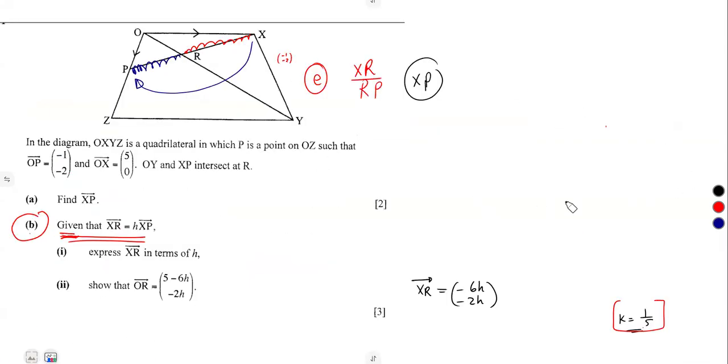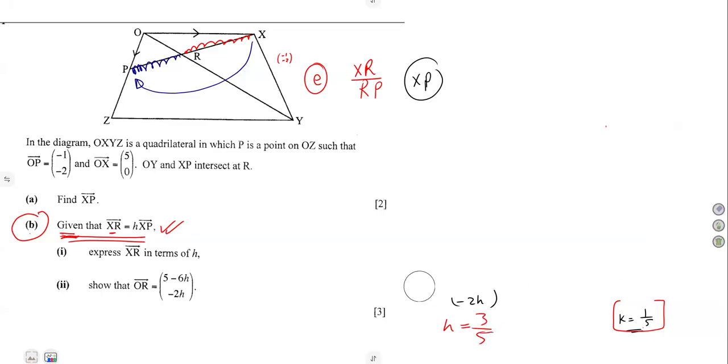But if we check the first one, we have that from the given statement. They gave us that XR is equal to H XP. That statement is going to answer the question that you're given here. So using that statement, remember we calculated our H. We said our H was 3 over 5.